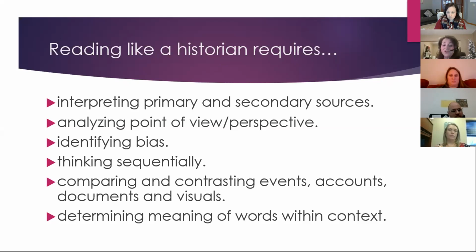We want them to analyze point of view and perspective, identify where there's bias, think sequentially, be able to compare and contrast events and all the different sources that they may be encountering, and determine what words mean within context. So our historians write the material that requires our kids to think like this.